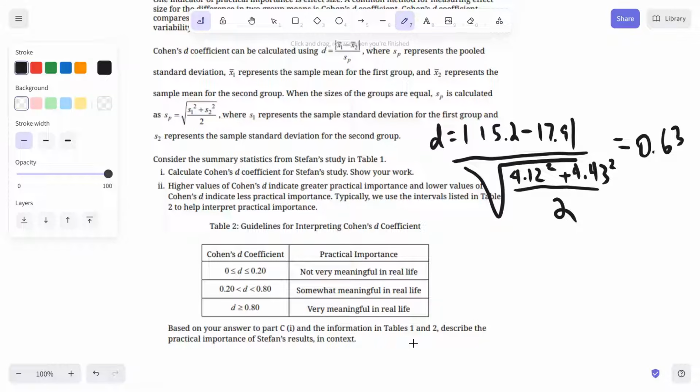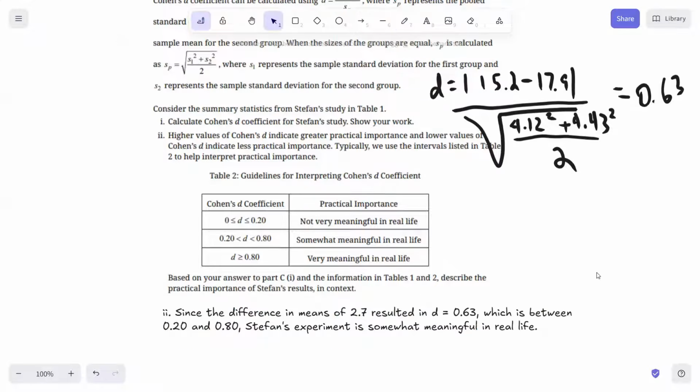The difference of means of 2.7 that Stephan got from his study resulted in a Cohen's D value of 0.63. Since 0.63 is in that second interval there between 0.2 and 0.8, the experiment is somewhat meaningful in real life. Now you just have to write that out in a coherent sentence, and I'll type that up for you below. And there you have part 2 typed up for you.